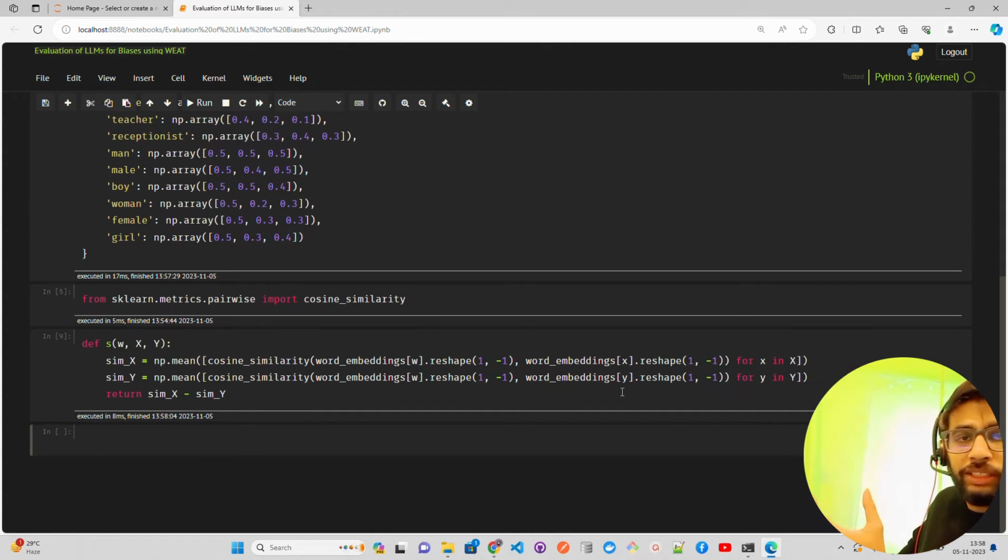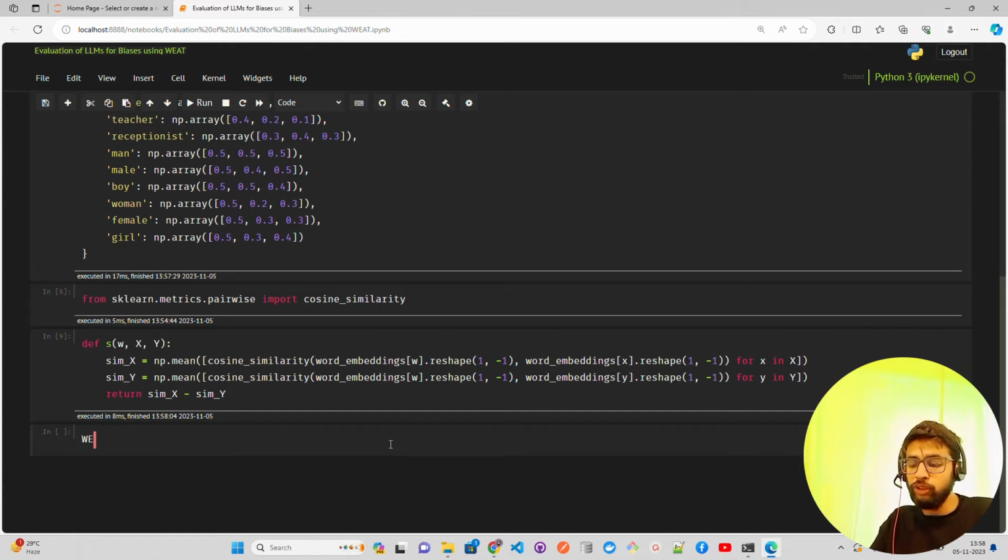Now this is a function that we have created. Now we will use this function to calculate the weight score for the word associations that we're gonna do. So let's call it weight score.